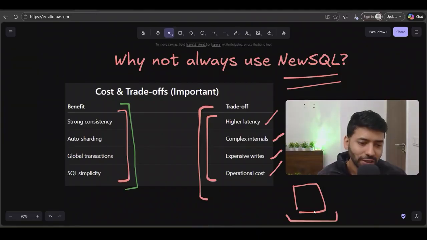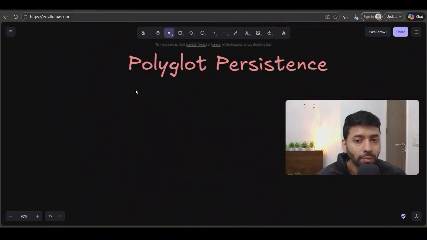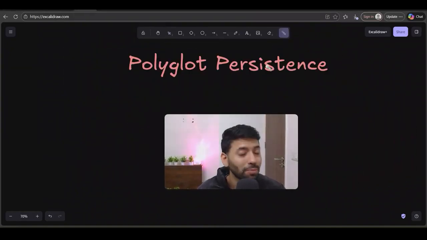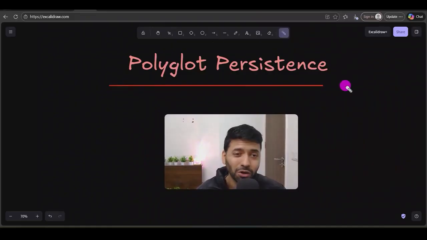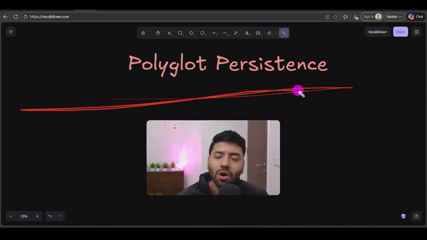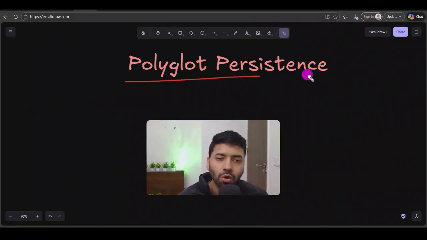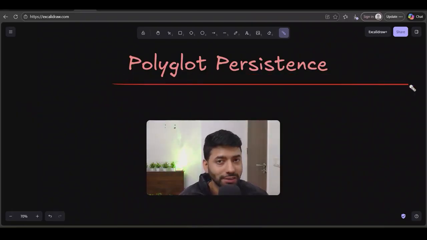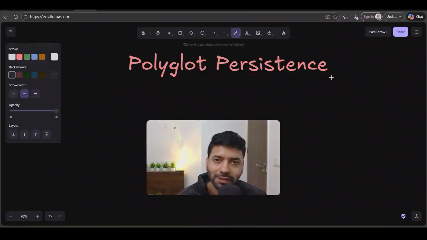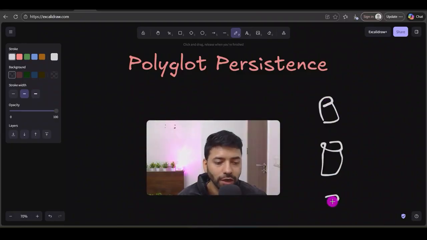Now that I have mentioned that we can have multiple databases, let's discuss a bit on polyglot persistence. Now the basic question would come, what is polyglot persistence? So this is not a database feature, it is more like a core system design mindset. What polyglot persistence means is you can use multiple databases in your same system, okay, and each one of these will be used for a specific problem.